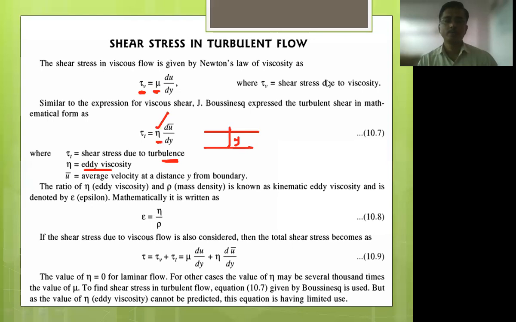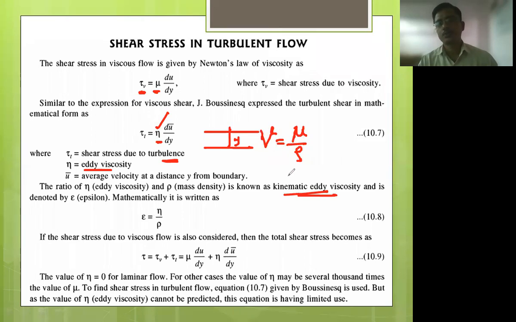Now we can club these two equations so that we can consider the shear stresses due to the viscosity as well as due to the turbulence. The ratio of eta, eddy viscosity, to rho is known as the kinematic eddy viscosity. Just as in dynamic viscosity, mu upon rho is kinematic viscosity nu, right?